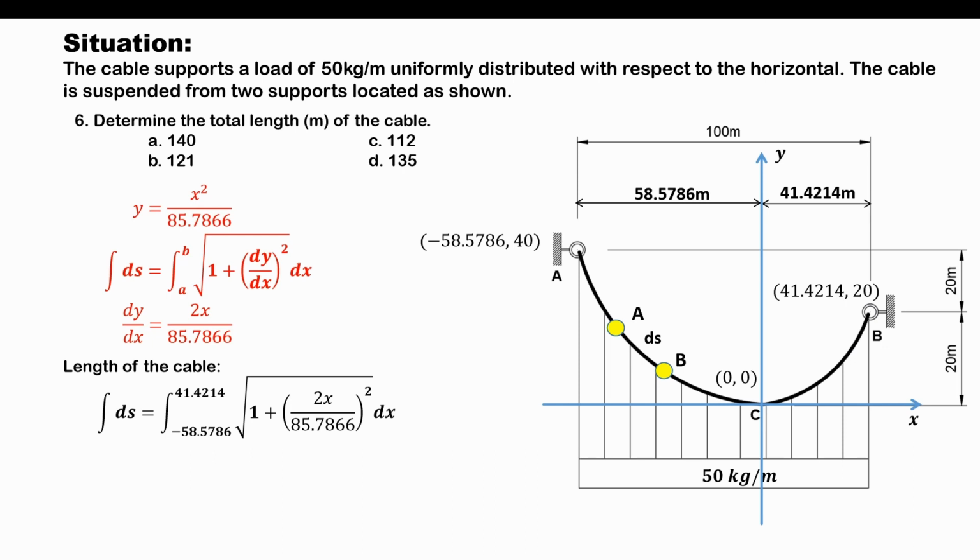If you input this in your calculator, you would find that the total length of the cable is 120.7202 meters. And as you can see in the given choices, the one closest to what we've yielded is letter B, which is 121 meters.